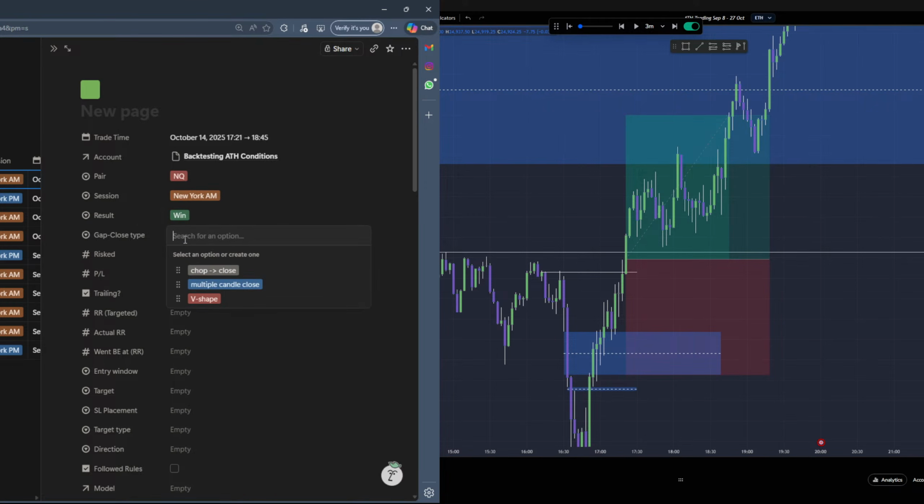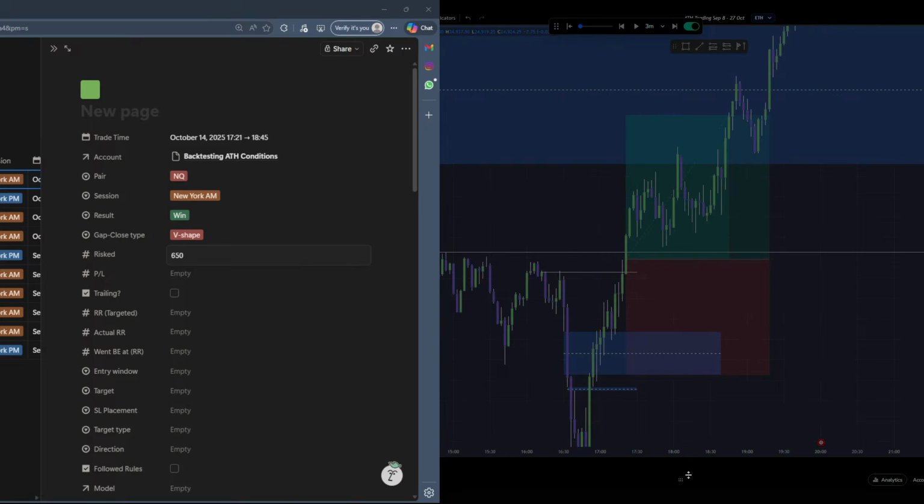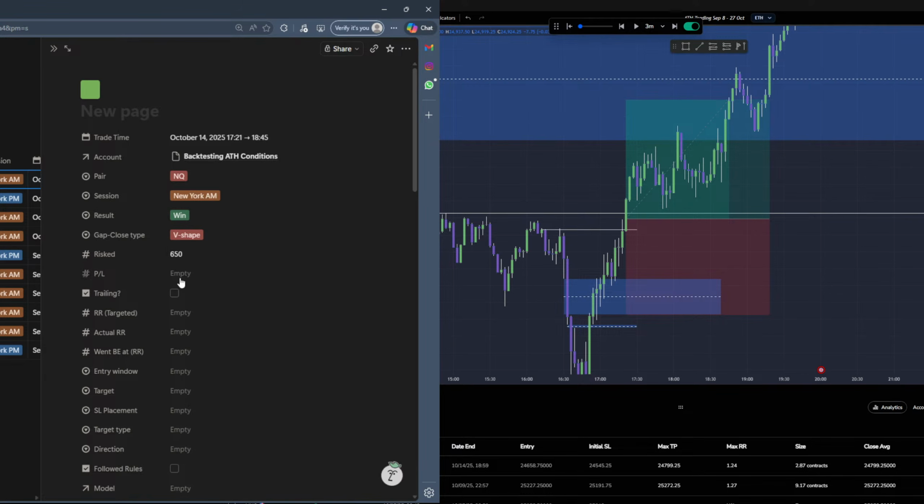Result when gap close was a V-shaped close. Oh, yeah. I reached 650, made 806.47. Trailing targeted 1.5. Actual reward was 1.24.